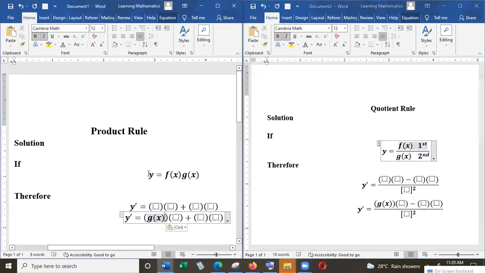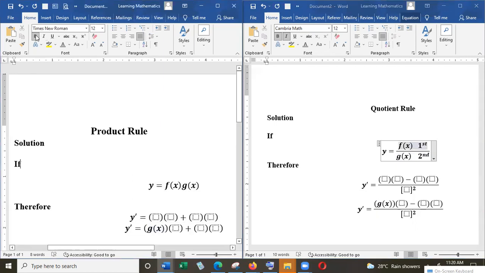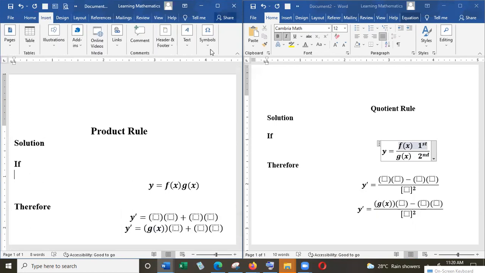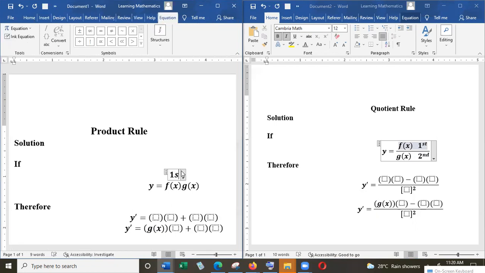For the product now, we can call the first function the first, and the second function is second, because we're reading from left to right. So f of x is the first function and g of x is the second function.